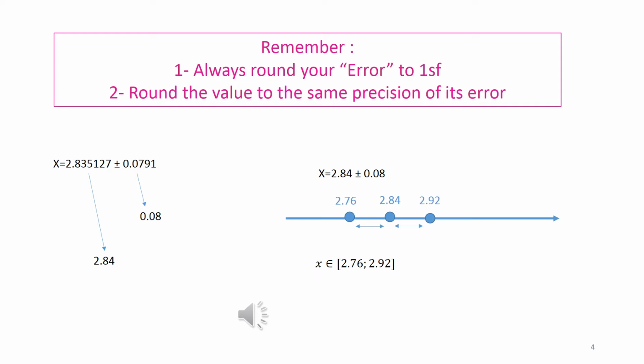Since 51 is greater than 5, you have to round it up, and it becomes 2.84. Now on the graph, on the axis, you can see that 2.84 is in the middle, and your value can belong to the interval between 2.76, which is 2.84 minus 0.08, and the limit on the right will be 2.84 plus 0.08, which is 2.92.